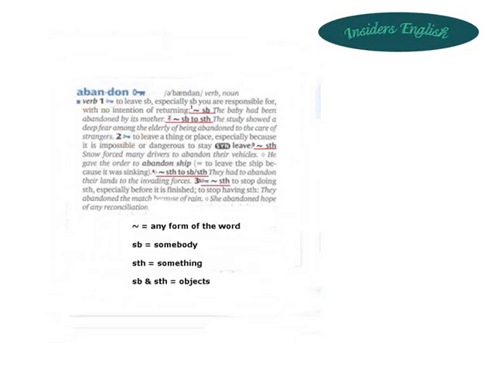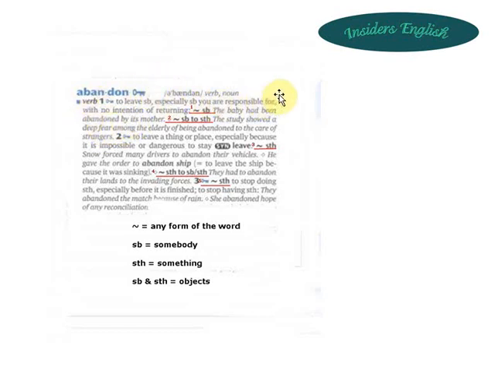Here's the best part. If you learn how to read these symbols, you could possibly throw away your grammar book. I'm serious. There is so much information here. Now, remember, we're just looking at abandon as a verb, so this is going to give us all the information about the verb.